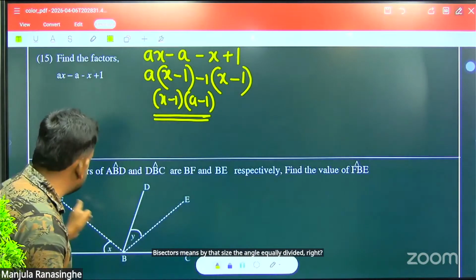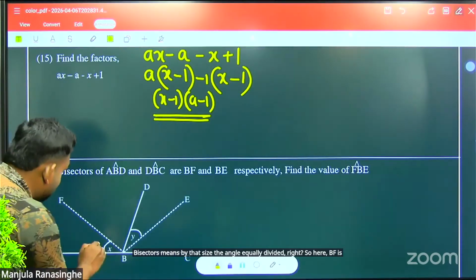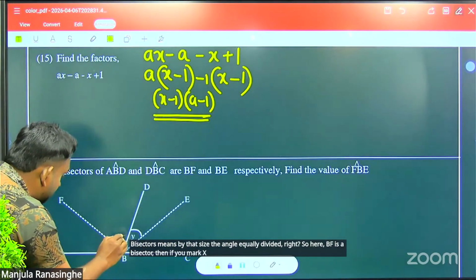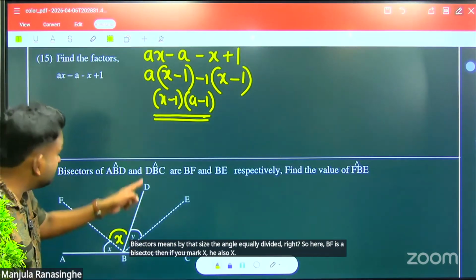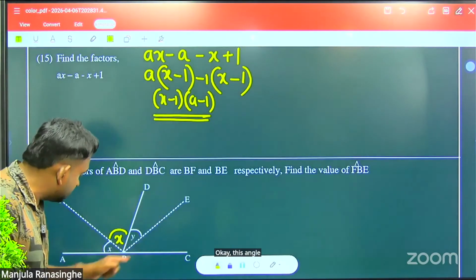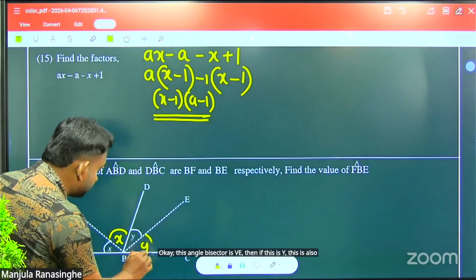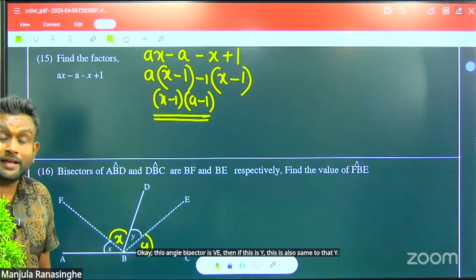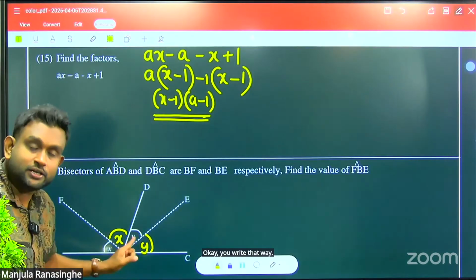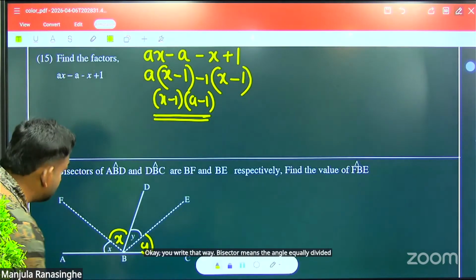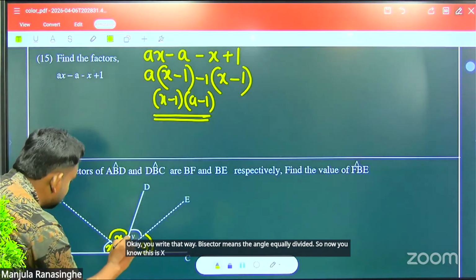So here BF is a bisector. Then if you mark x here, here also x. Okay, this angle bisector is BE, then if this is y, this is also the same y. Okay, you write it that way. Bisector means the angle is equally divided. So now you know this is x, here y given.